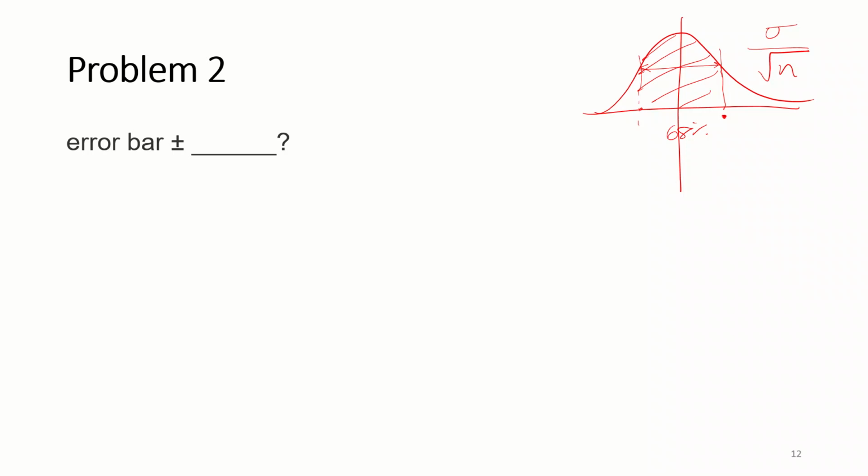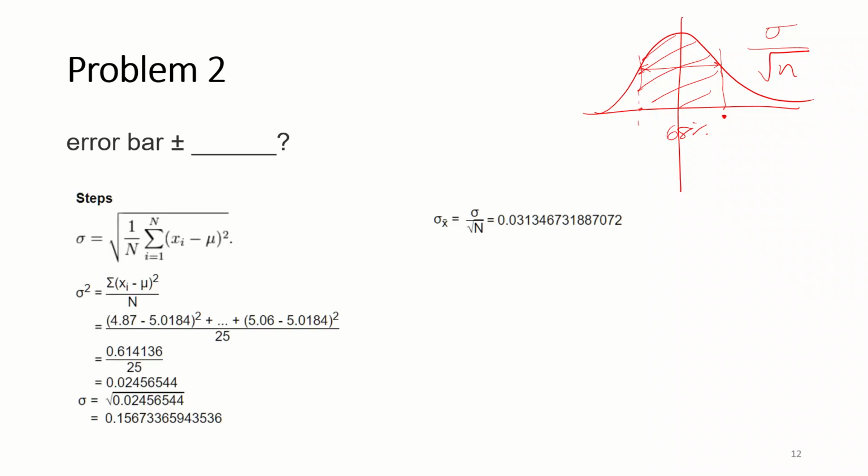Please tell us how to calculate the error bar. Okay. So first step would be to find the standard deviation. Sigma square is the variance obviously.